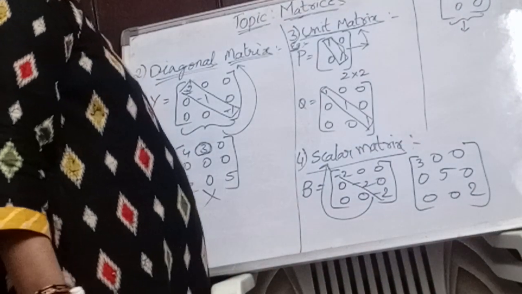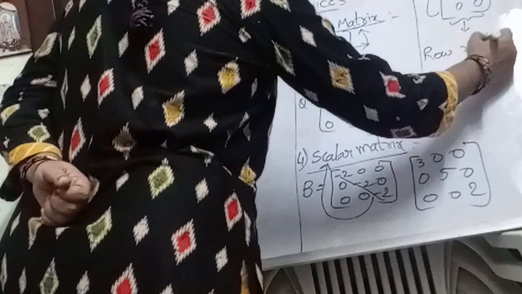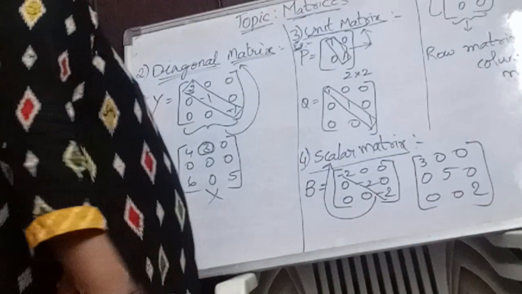So if a matrix has only zeros as its elements, this type of matrix is called a null matrix. Next is the row matrix or column matrix.